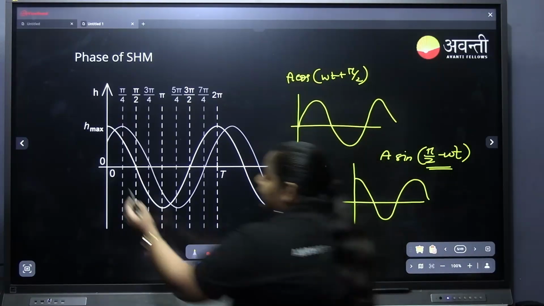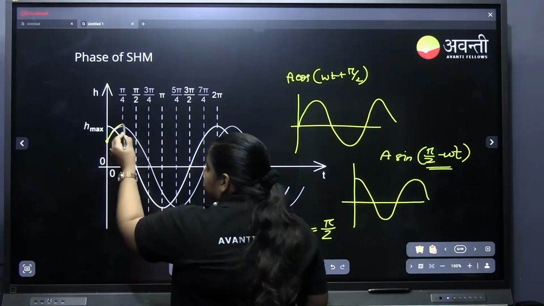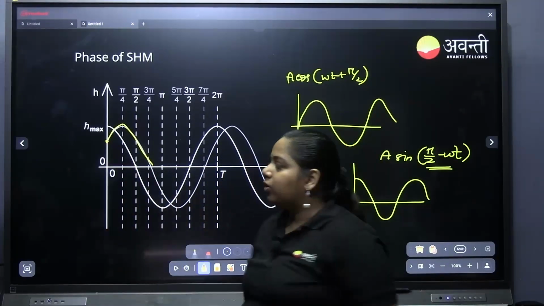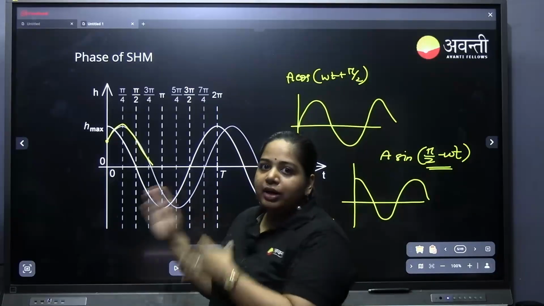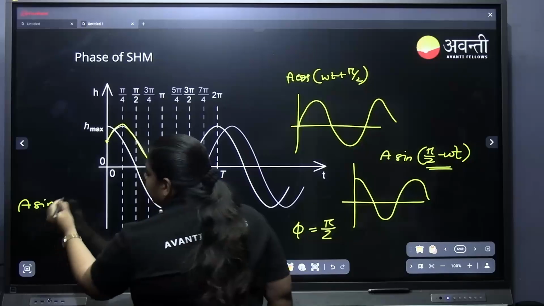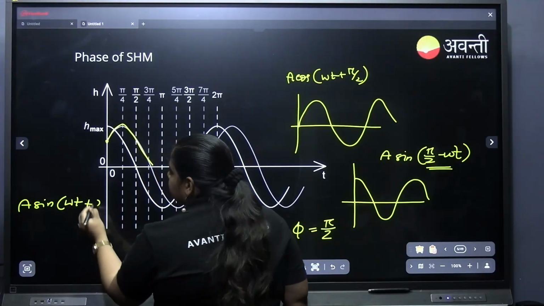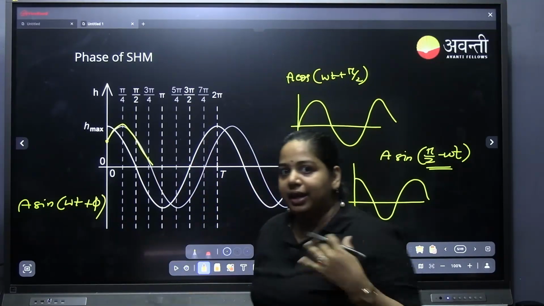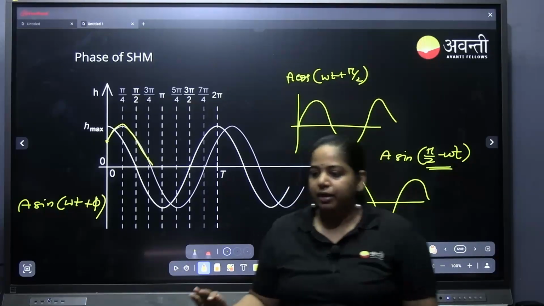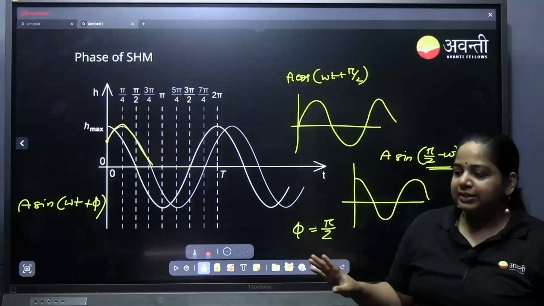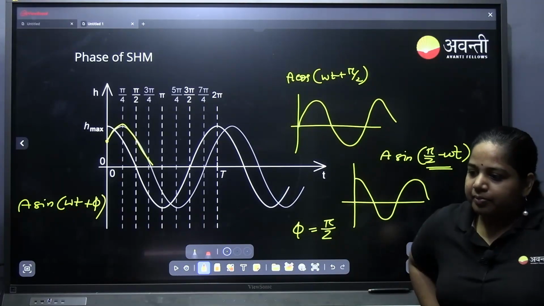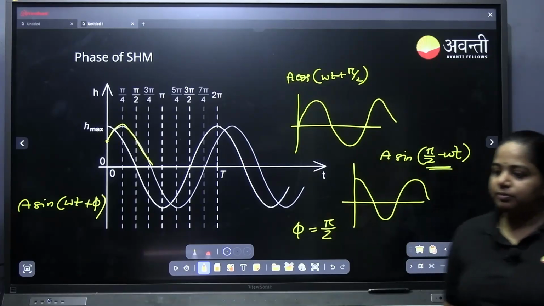But here, it is starting from this point, and it is difficult to find. So instead of writing what exactly is the phase, we will just write a sin(omega t plus phi). It can be any value, as it is starting from that point where we are starting the timer. Now is the concept of phase of an SHM clear for all?